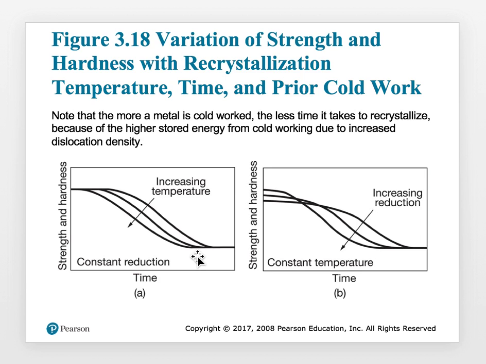So suppose you have a block of material and you started out with 1 inch and you actually want to go down to 0.1 inch. Can you go down from 1 inch to 0.1 inch in one step? Not possible.